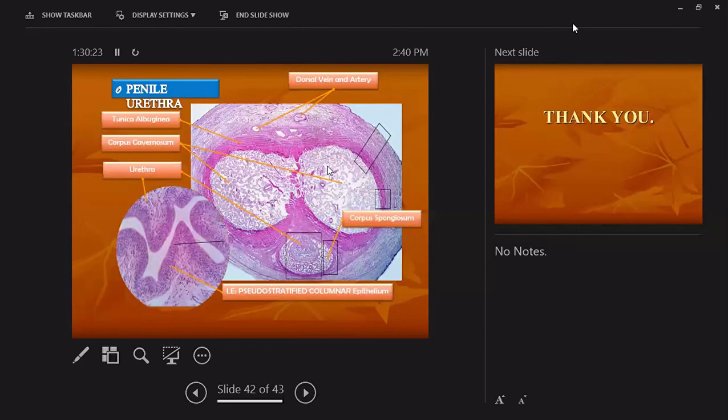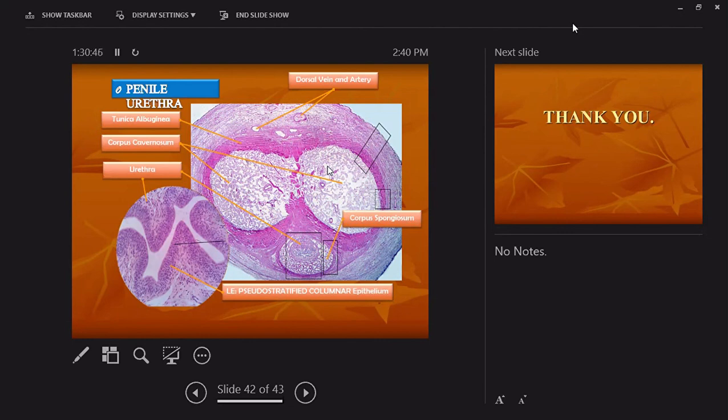Okay, the penile urethra, there you are. Take note of the dorsal vein and artery. There you are. You have your tunica albuginea surrounding your corpus cavernosum. And then you have your urethra, and you see it is what?